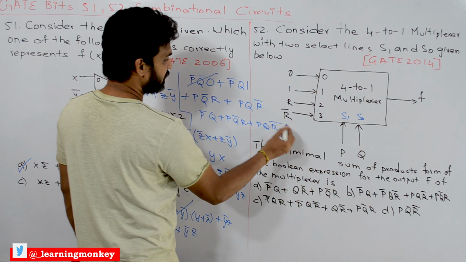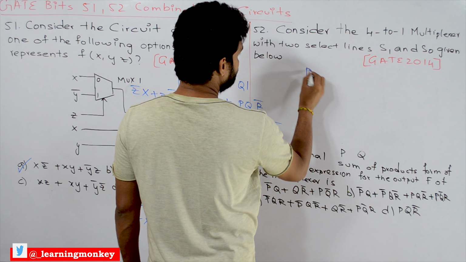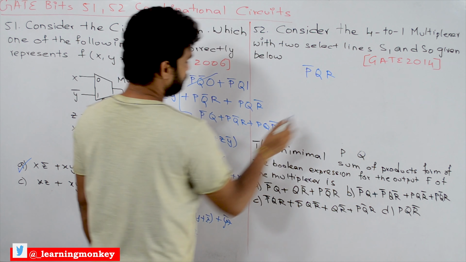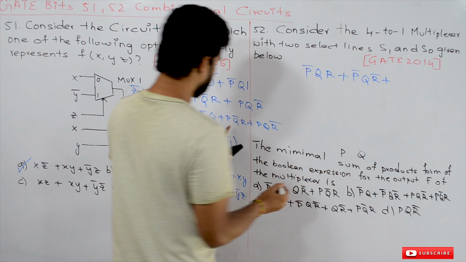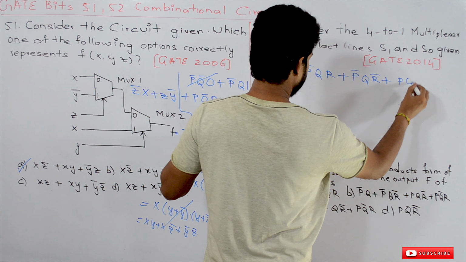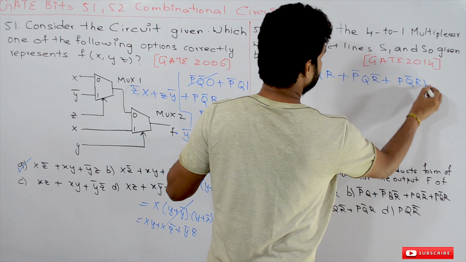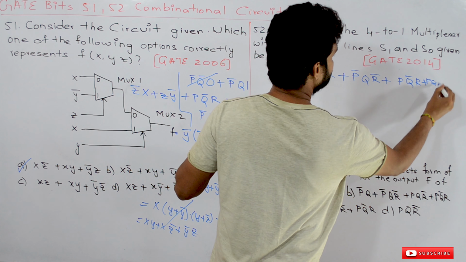To minimize, we have to expand this expression. It becomes p bar q (R plus R bar), which is p bar q R plus p bar q R bar, plus p q bar R plus p q R bar.